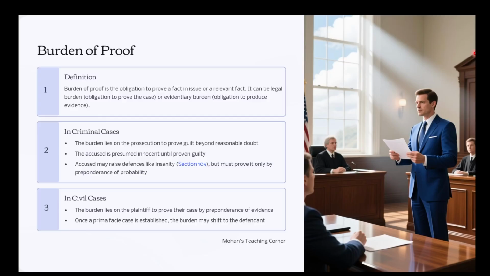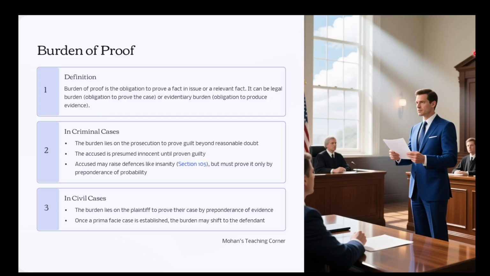It can be a legal burden, that is the obligation to prove the case, or an evidentiary burden, that is the obligation to produce evidence. In criminal cases, the burden lies on the prosecution to prove guilt beyond reasonable doubt. The accused is presumed innocent until proved guilty.